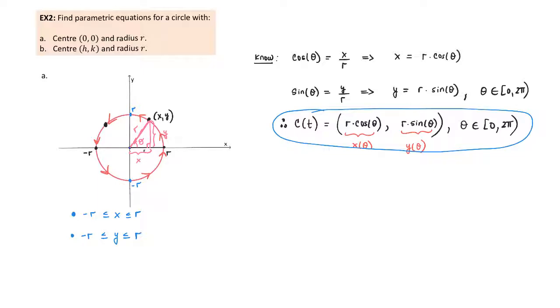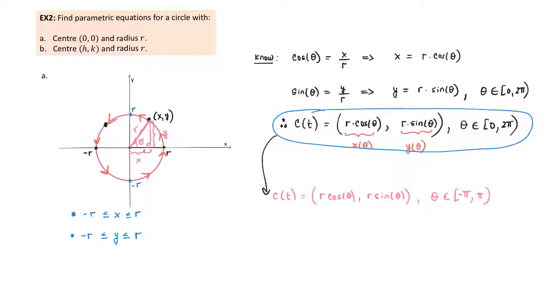Another way to specify the interval of theta is to also say, you can use the same parametrization, c of t equals r cosine theta for the x component, r sine theta, but you can also let theta range from, let's say, negative pi all the way to pi.